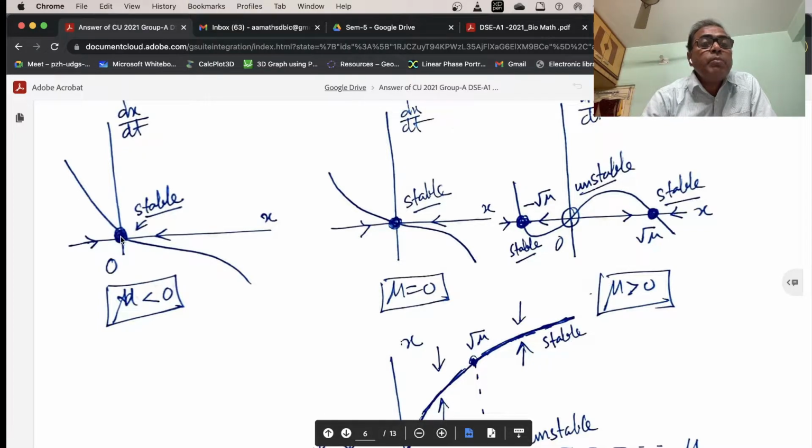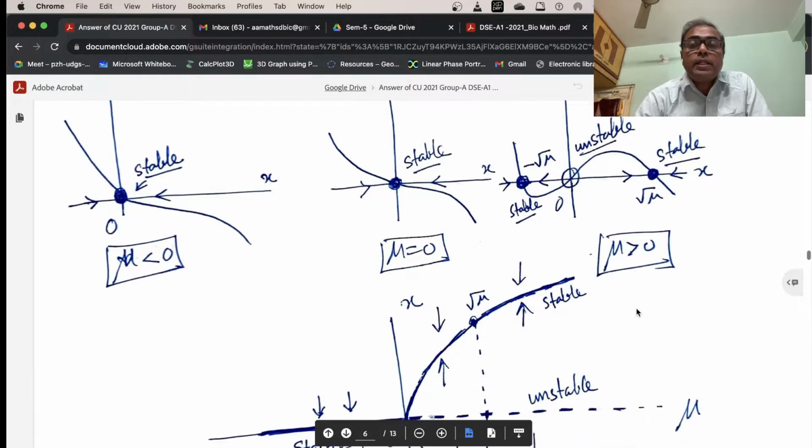So only one equilibrium point, which is stable. And when mu equals 0, we also get one equilibrium point, x star equal to 0. And when mu is positive, we get three equilibrium points: x1 star equal to 0, x2 star equal to root mu, and x3 star equal to minus root mu. And 0 is unstable, and plus or minus root mu are stable when mu is greater than 0.